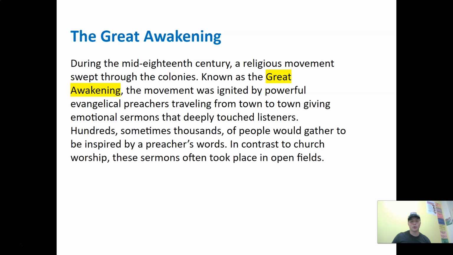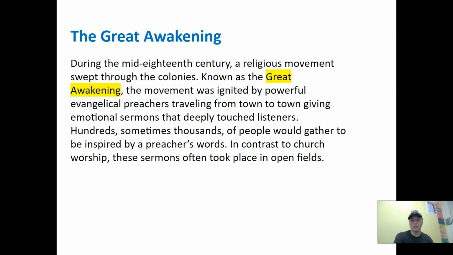This is going to come through the Great Awakening. The Great Awakening is a period in the 1700s, especially in the New England and middle colonies, where sermons and preachers would preach about what it's like for people of different backgrounds and different beliefs to openly share their beliefs. You can no longer just hide it because you're going to be persecuted or put to death. You should be embracing the diversity.